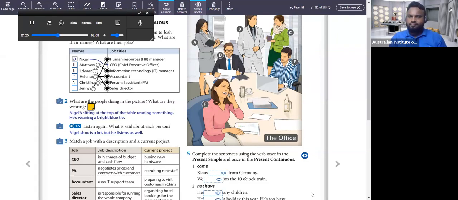Okay. And who's that sitting down, talking on her phone? In the pink jumper? Yeah. That's Jenny, the human resources manager, HR manager. She looks after all the personnel. She's a sweetheart. Everyone loves her. Then opposite her is Matthew.